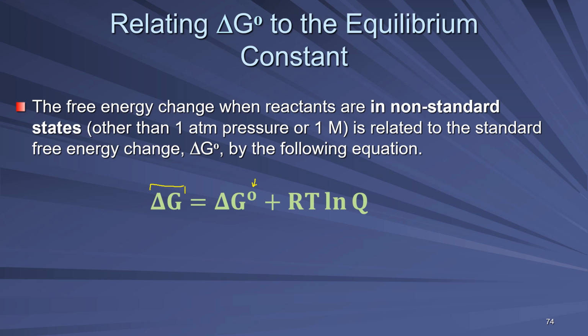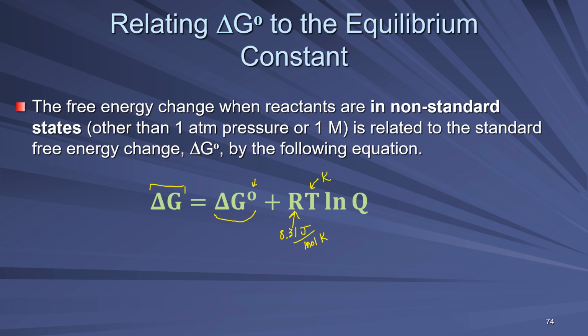So it's equal to the delta G at standard conditions, and then it's got this little correction that we can use. This R is the R that we've been using, 8.31 joules per mole Kelvin. And temperature has to be in Kelvin.